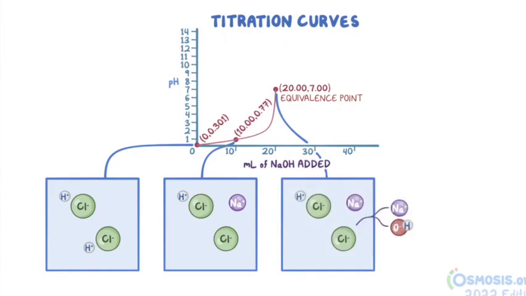The hydroxide ion reacts with the H+ ion present to form water. Since the hydroxide ion reacts with the last H+ ion, there are no more hydroxide ions or H+ ions present. However, we still have the two chloride ions that we started with, and the two sodium ions that came from adding sodium hydroxide. So, at the equivalence point, we have an aqueous solution of sodium chloride.